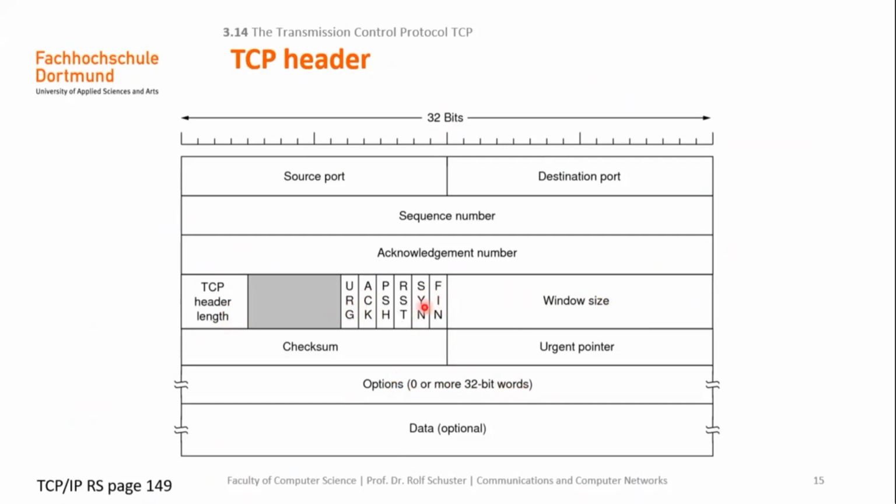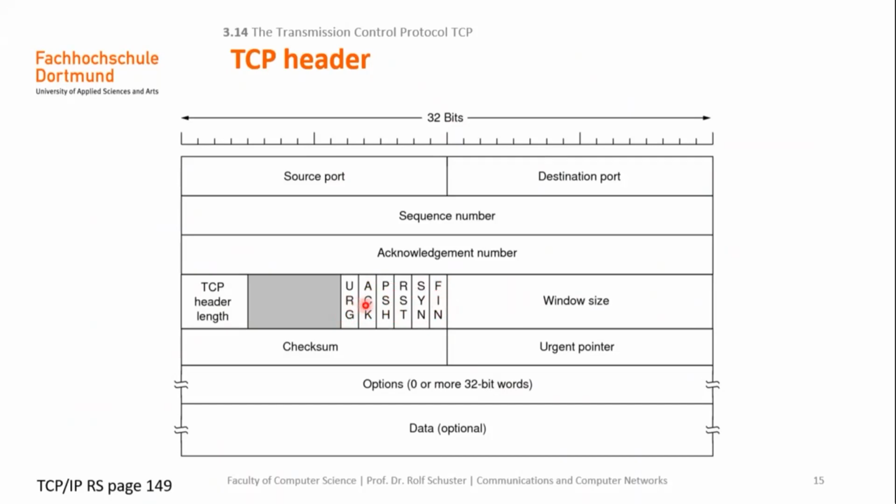The most important are SYN, ACK, FIN, and there are others like push, reset, and urgent. But in fact, the most important that we will explain in this lecture are the SYN, the ACK, and the FIN flags.